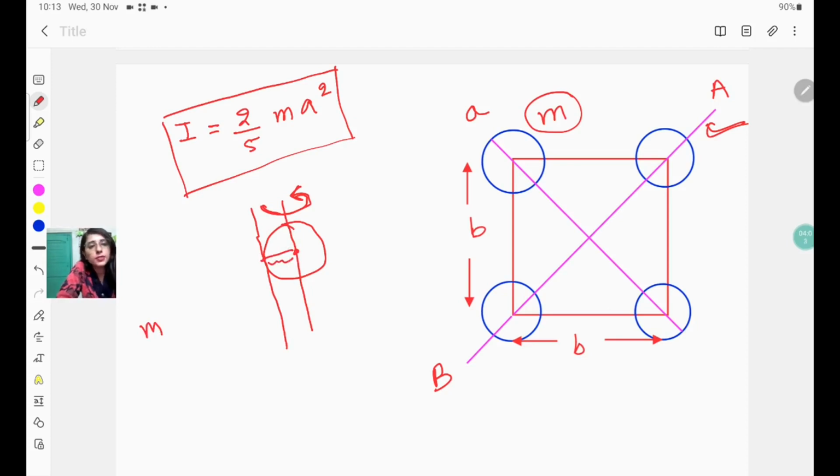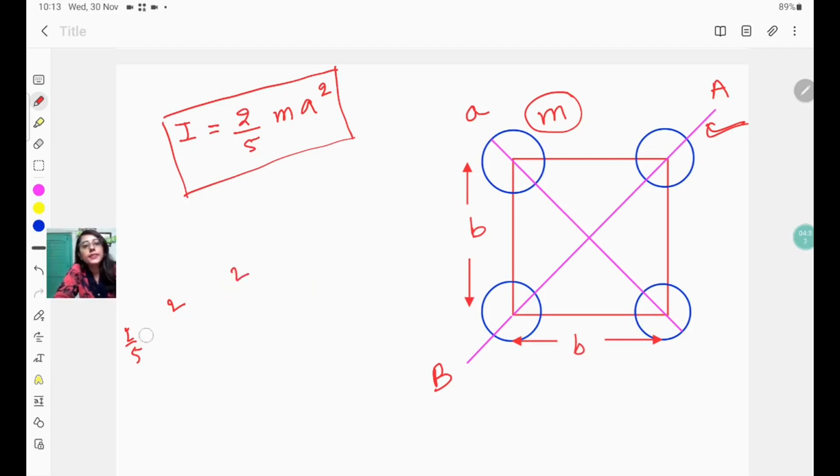If the distance between these two axes is here a, because a is the radius of the sphere, then we write 2/5 ma², which is the moment of inertia about the axis passing through the center of mass, plus m, the mass, times distance squared, where the distance is the distance between these two parallel axes, that is this one. Okay, so we can apply this theorem to any body.